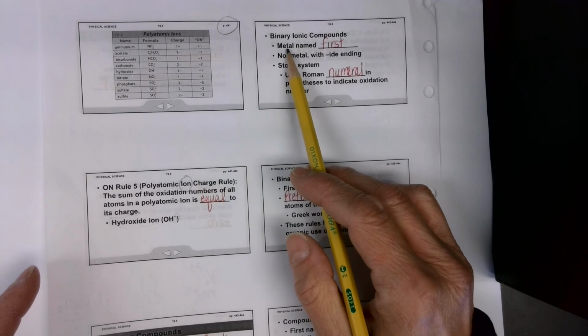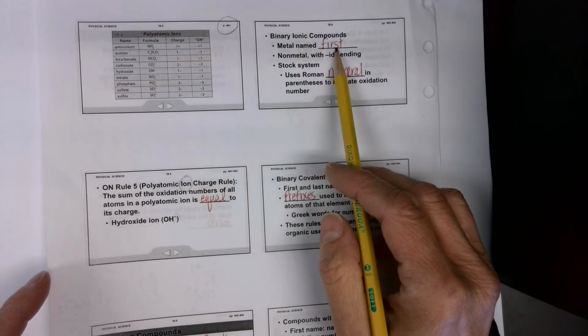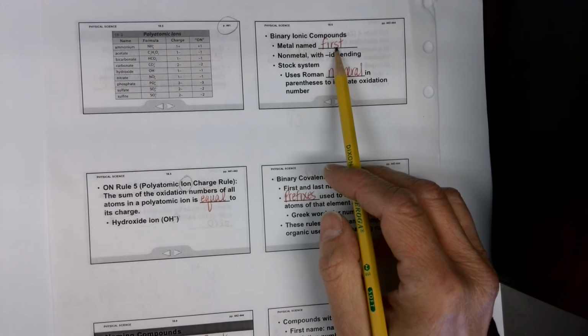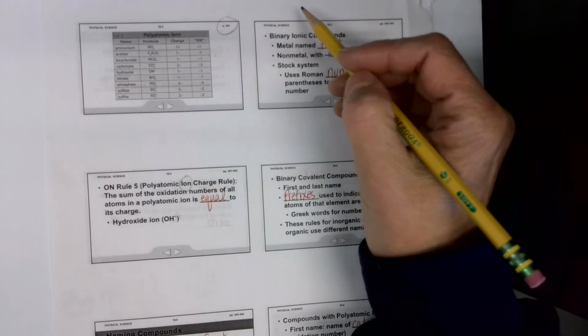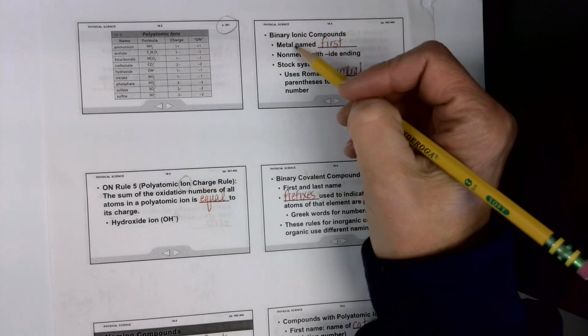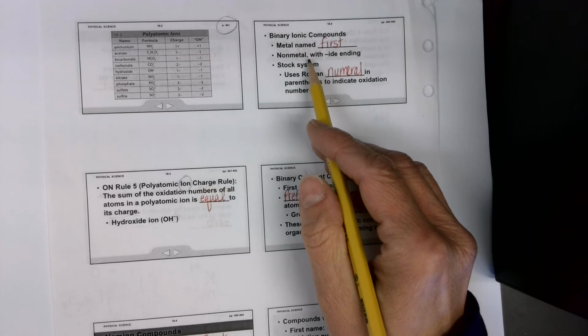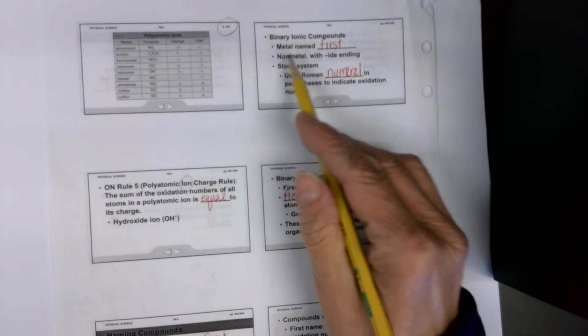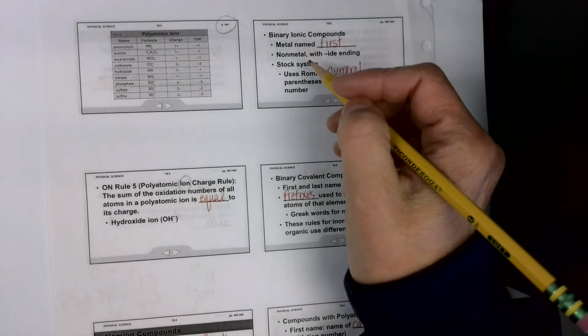If you have a metal, you're going to put that metal's name first. Like we said, magnesium, right? Magnesium is a metal. It's going to go first in the name. A non-metal is going to have the second part, right? The last name, if you will.